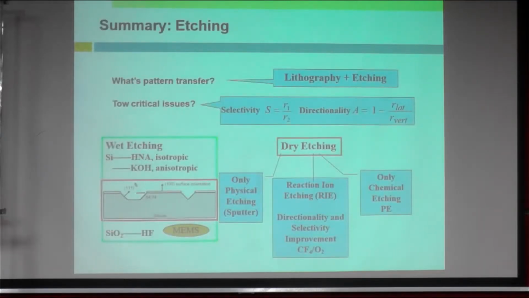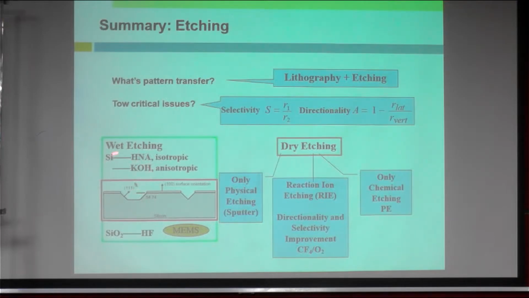So in summary, for etching, pattern transfer can be done from lithography and etching. What is important is the selectivity of the material, whether the material will be undercut or straight cut, to form a good structural geometry. It depends on what process you are using and what material is used for the masking, with different selectivity.